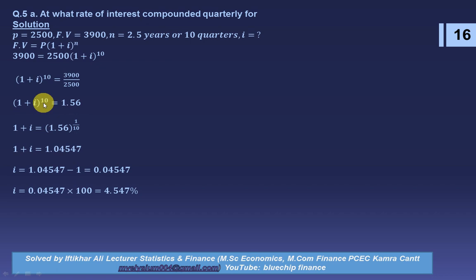Just take this n from here and it will be 1.56 raised to power 1 by 10. So 1 plus i equals 1.56 raised to power 1 by 10, that will be equal to 1.04547, and finally the interest rate will be 4.547%.